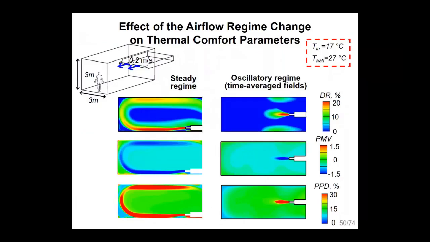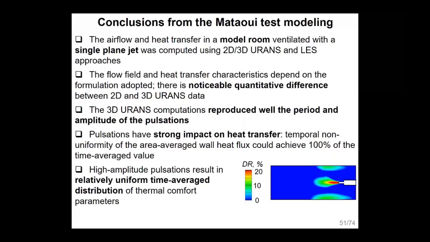And as for the thermal comfort parameters, sure, the oscillatory regime with the time averaged fields demonstrates a more uniform thermal comfort parameters field. However, sure, the question is still open. If we have this large scale fluctuation, is it locally comfortable for a person inside the room? The question is still open.